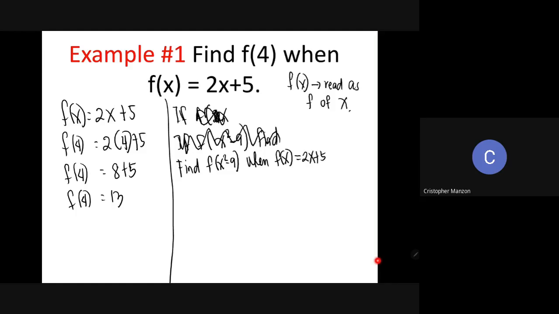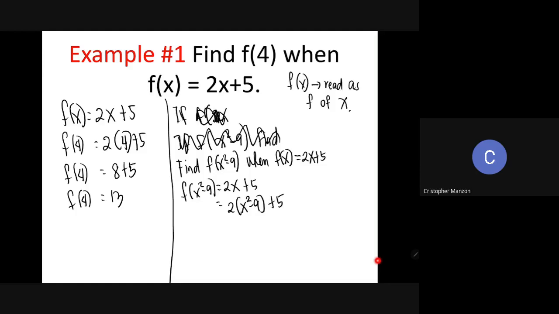Okay? Hahanapin mo daw ngayon yung f of x squared minus 9 when f of x is equal to 2x plus 5. So yung x mo dyan, papalitan mo lang siya ng x squared minus 9. So f of x squared minus 9 is equal to 2x plus 5. Yung x mo, palitan mo siya ng x squared minus 9.